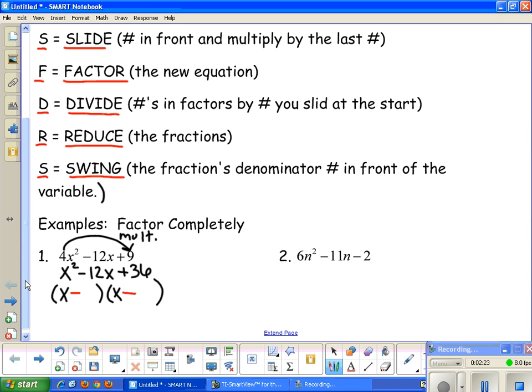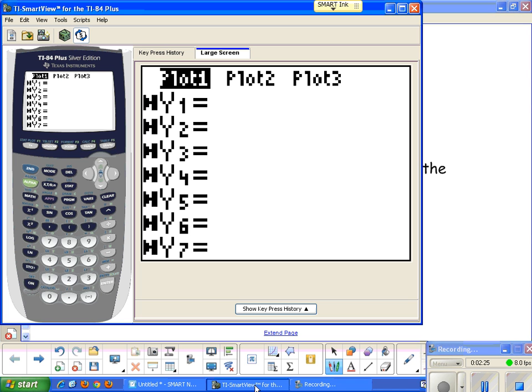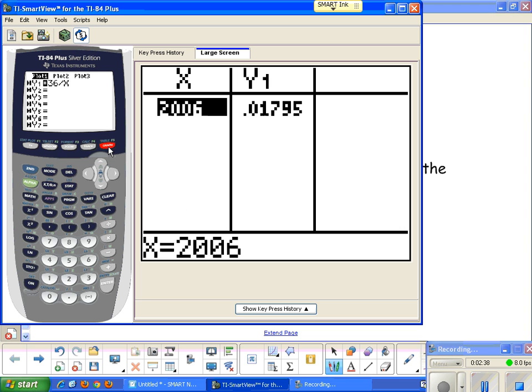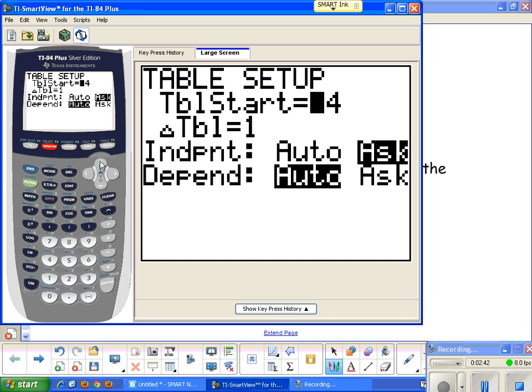And if you're not good with your factors, a little trick that you can do in your calculator is go to your y equals. If you didn't know what factors of 36 were, you could do 36 divided by x, and then go to second graph, and I should put this on auto.